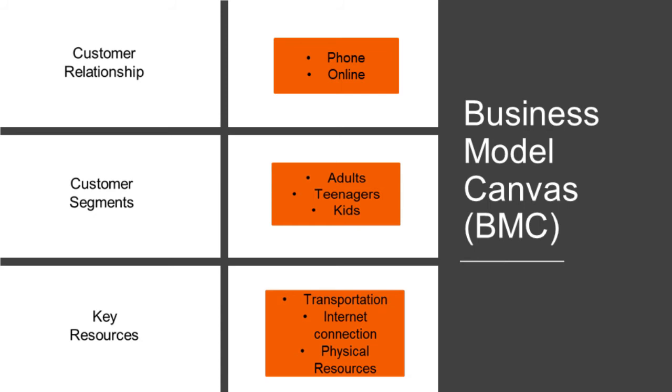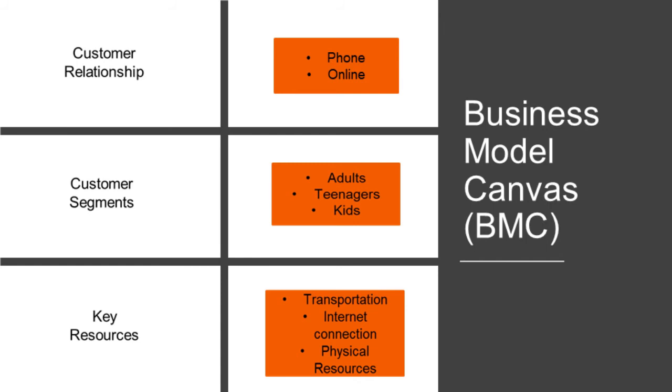Next is key resource. Key resource defines the most important assets required to make a business model work. An enterprise needs them to create and offer a value proposition, reach markets, maintain relationships with customer segments, and earn revenue. The first resource that Corndog Frozen by Ida uses is transportation.